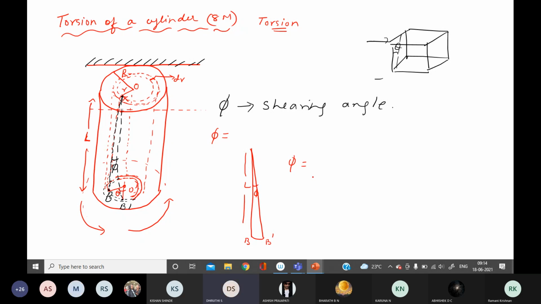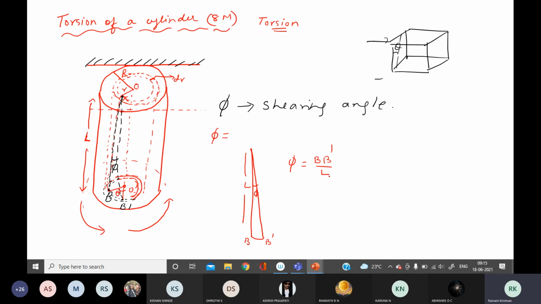Small r by capital L, ma'am. Small r? Opposite to phi, ma'am, that is B dash. You should not say small r. So phi is equal to the opposite side, BB dash, by L.